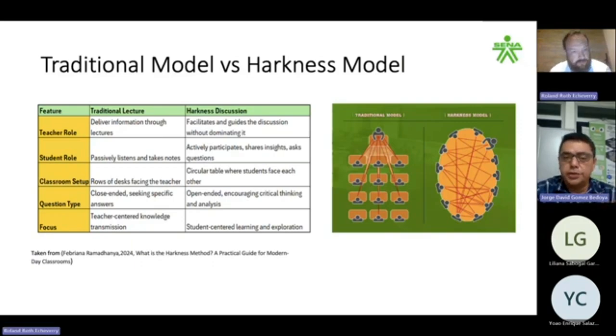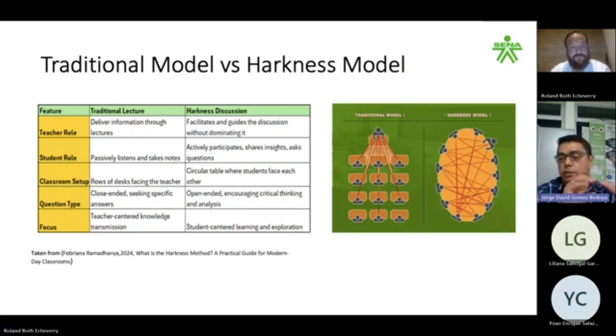But the Harkness discussion changes all of that, focusing the center on the students. The teacher is a facilitator who guides the discussions, but without dominating. His participation should be minimal according to the participation of the students, who actually participate more, share insights, and ask more questions.